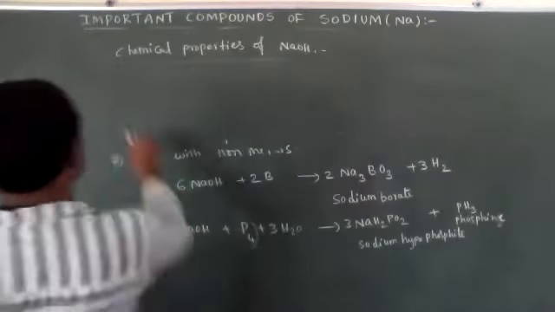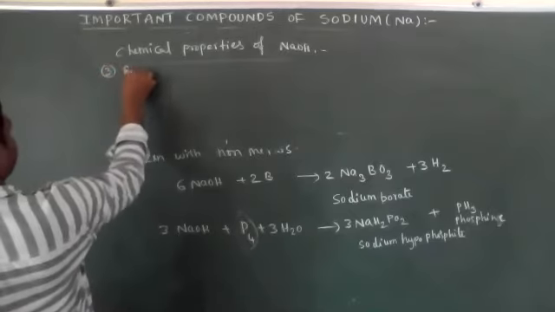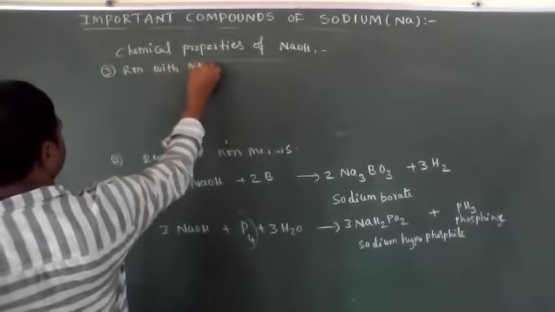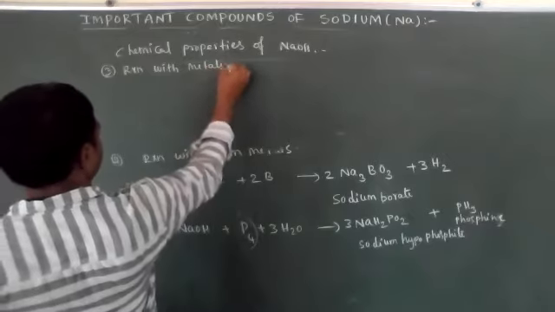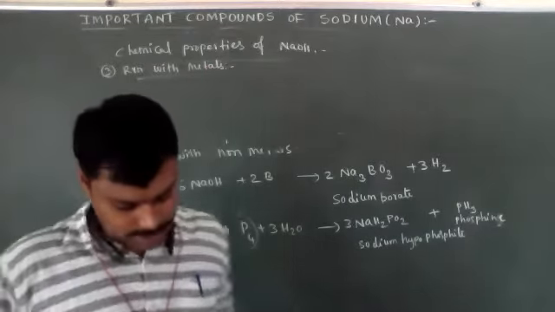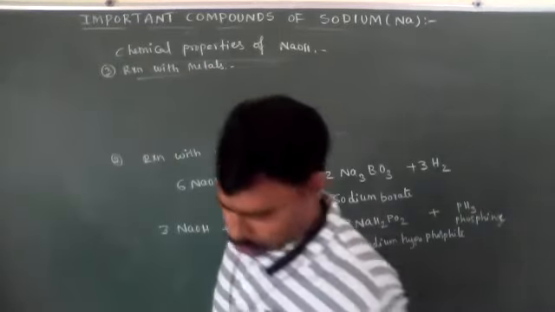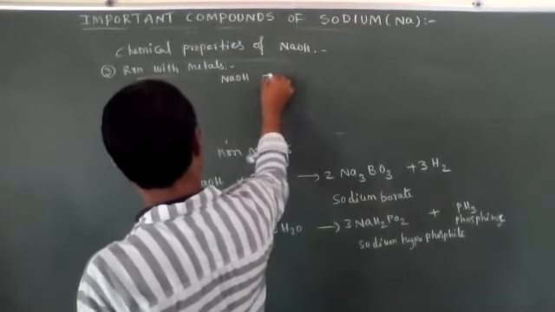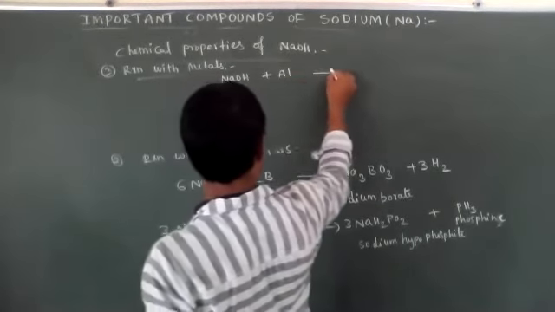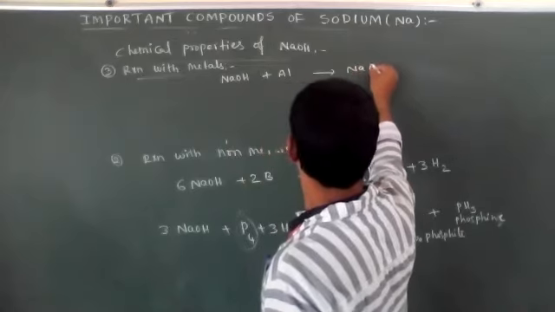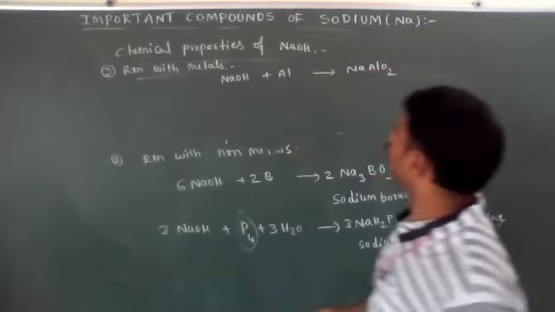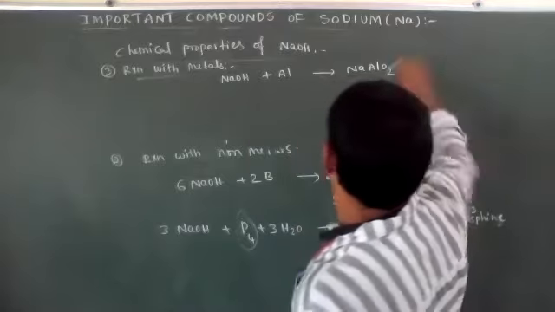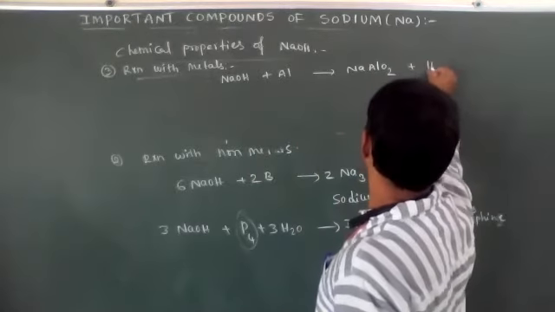Next important property is reaction with metals. So sodium hydroxide reacts with aluminum to form sodium aluminate, NaAlO2, and releases H2 gas.